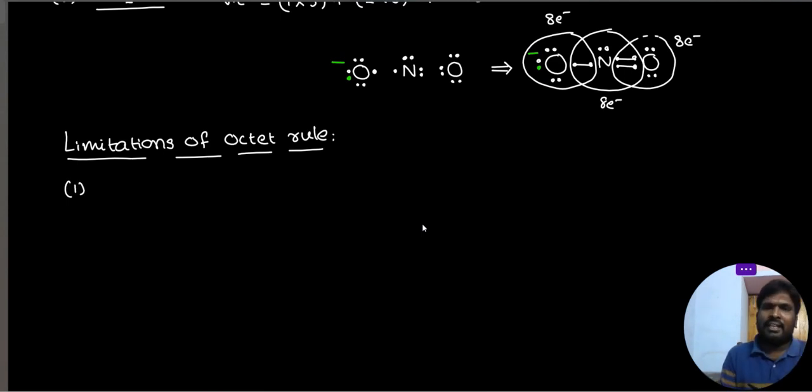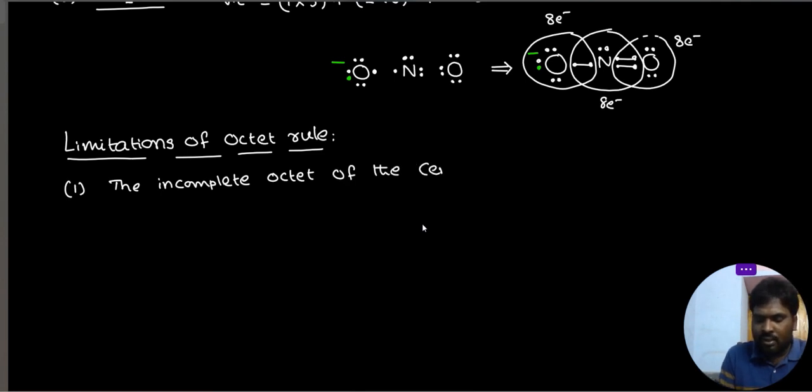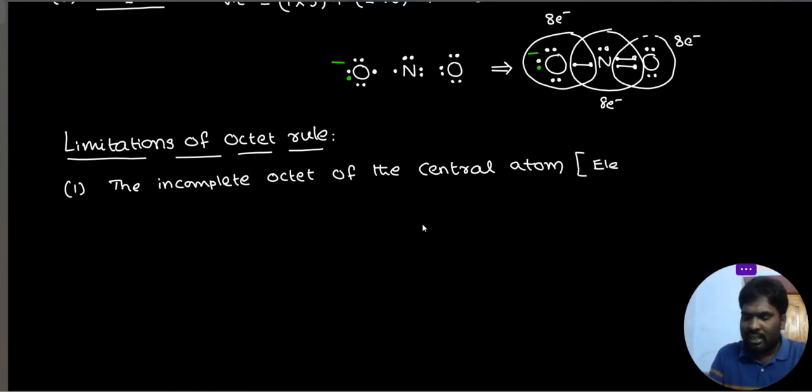First one, incomplete octet of the central atom. These are simply electron deficient molecules.